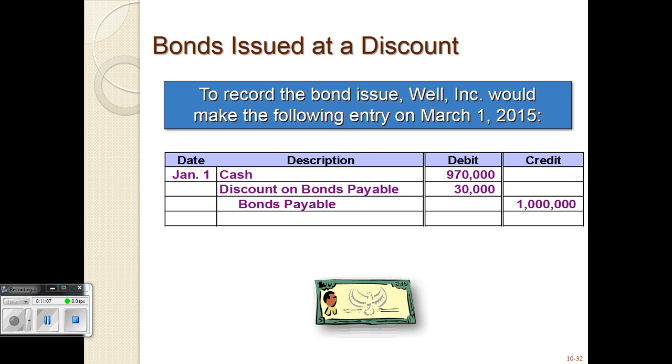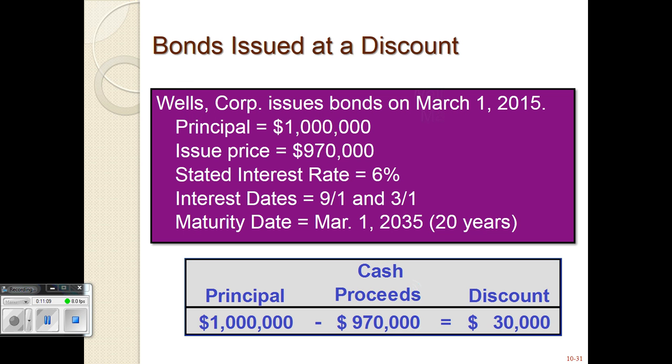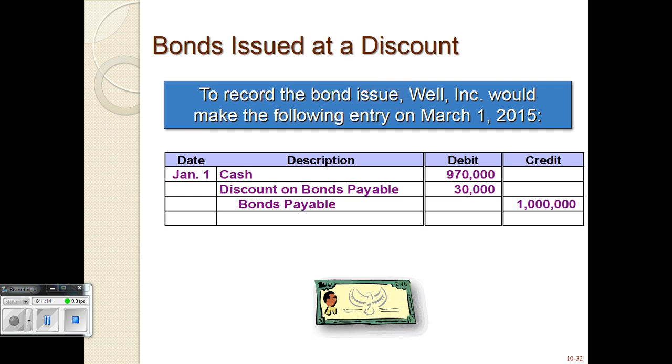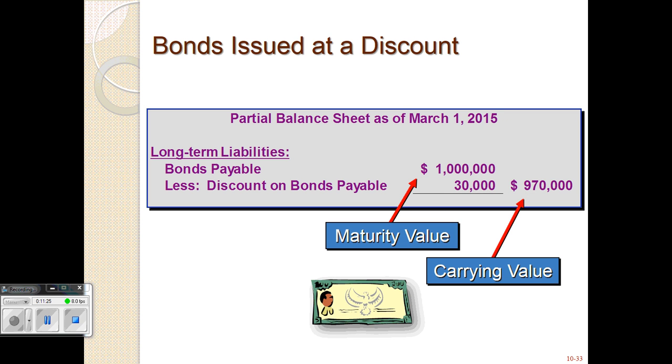Since its useful life is 20 years, because we borrowed the money for 20 years, we're going to take $1,500 per year, or $750 every 6 months, and amortize that. It's going to show up on the balance sheet as bonds payable, less discount on bonds payable. So it's going to be on our balance sheet for 970 grand, and we call that the carrying value of the bond.